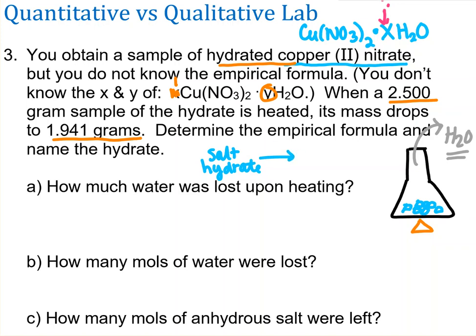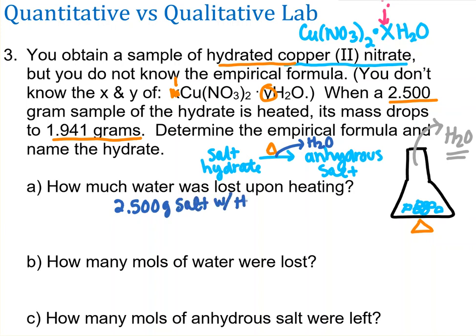You're heating it. After you heat it, you have the anhydrous salt. And what left was the water. So how much water was lost? Well, that's easy. Just look at the mass before you heated it, and subtract the mass that it had after you drove out all the water.